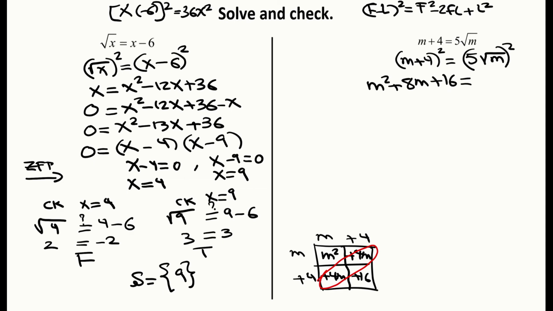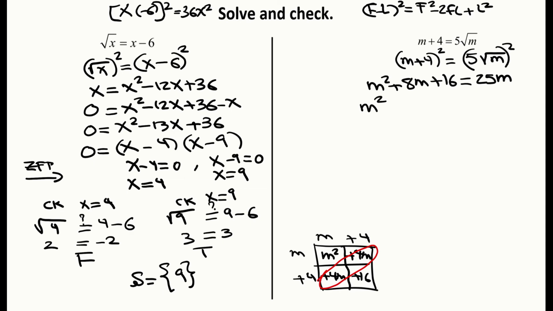On the right side, we know we need to square the 5. That's going to give us 25. And we know that the square root of m squared is just going to be m. So we get 25m. We have ourselves a quadratic situation again. So we're going to go ahead and move all terms to the one side. In this case, left side is easier.